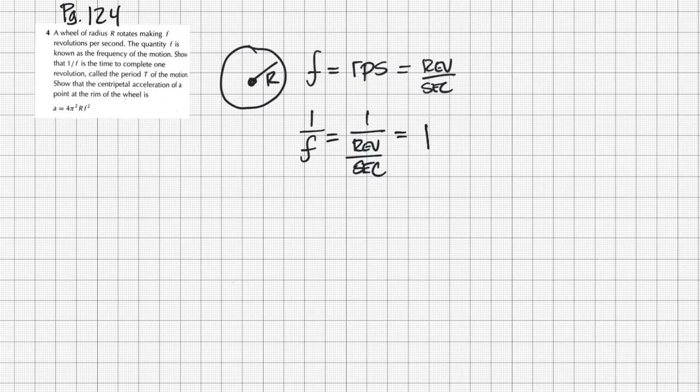So that's the same as 1 times seconds divided by revolutions, which is simply just seconds over revolutions. So this is the number of seconds per revolution, which is known as the T, called the period.